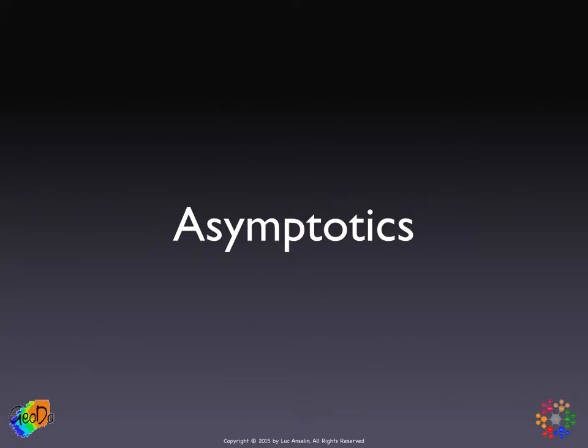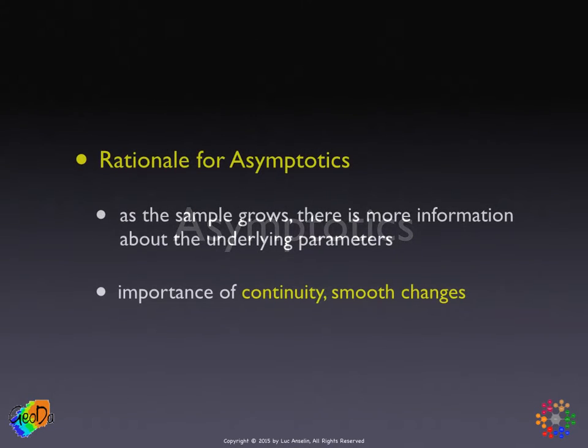A second important and fundamental concept is the concept of asymptotics, namely what happens to an estimator or a test statistic as the sample grows to infinity. And the idea of asymptotics is to actually do away with some of the very strict assumptions that are required to get results in finite samples.